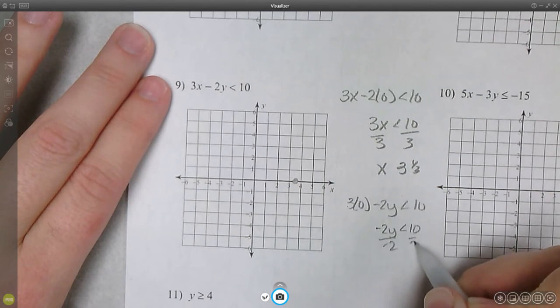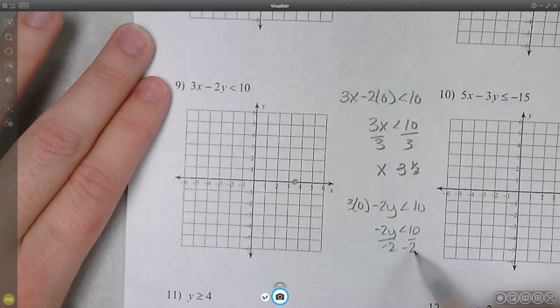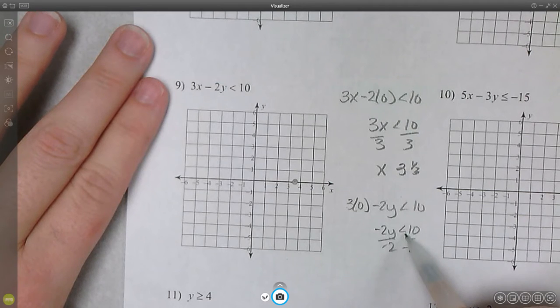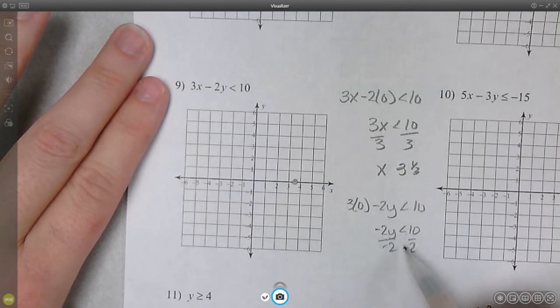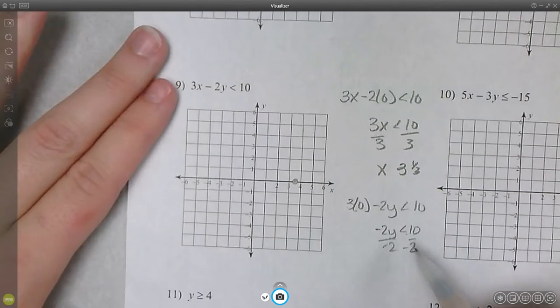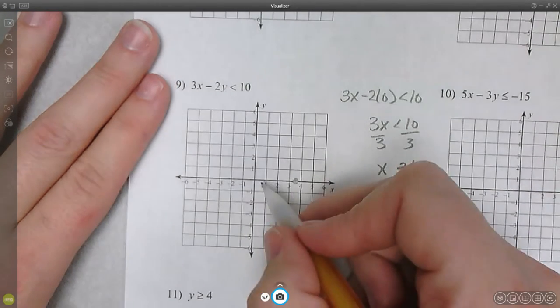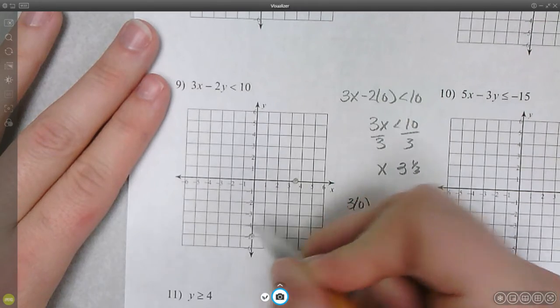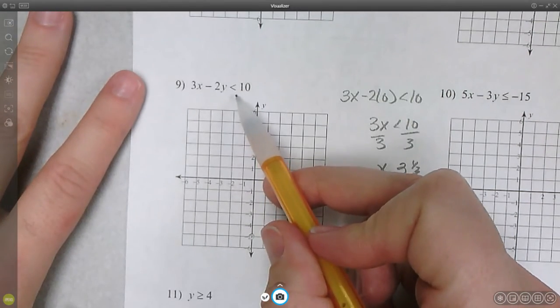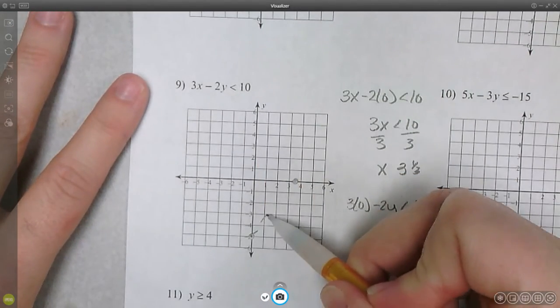So divide by -2. The reason I say that is if you're dividing by a negative, your sign flips. But when I'm just finding my y-intercept, the flipping of the sign doesn't matter. So my y-intercept is going to be at -5. There's no equal sign, so that means I have a dashed line.